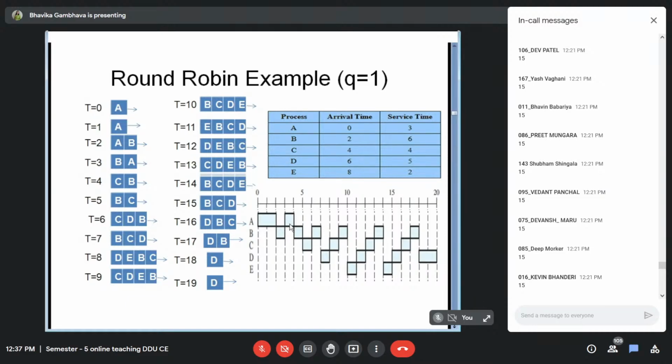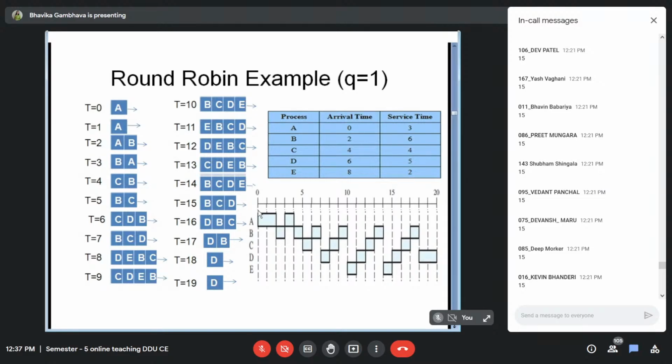Is it clear? Please feel free to unmute yourself and ask me. If you have any doubt and you are unable to explain in the chat window, you can ask me. Like, first time slot 1, A fine. In the third one, not in 2.